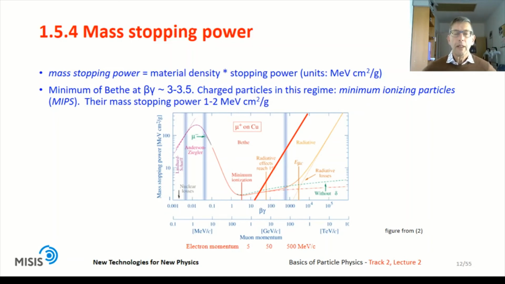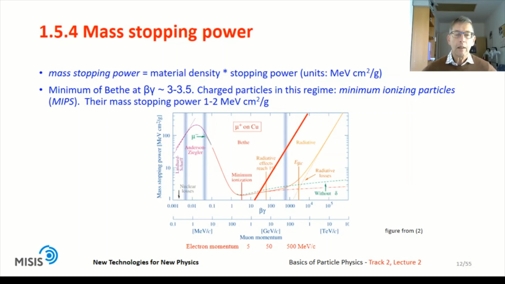You can also see where the radiative losses become more important. That is the orange dashed line right to the right. And where it intersects the Bethe-Bloch is where the critical energy is. And so there you can see the radiative losses are basically proportional to the energy.